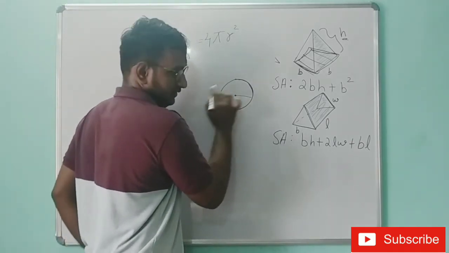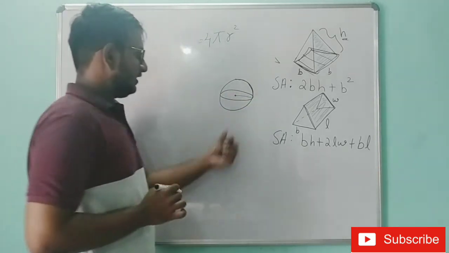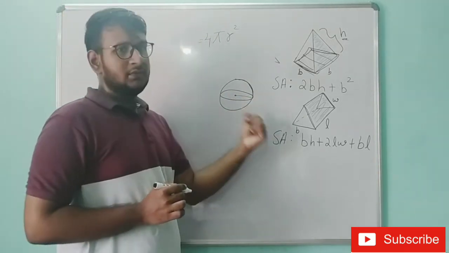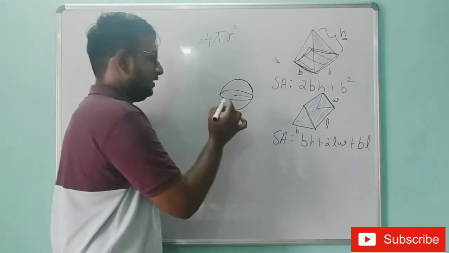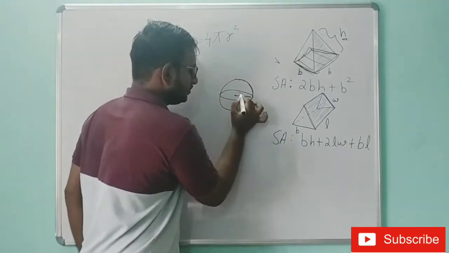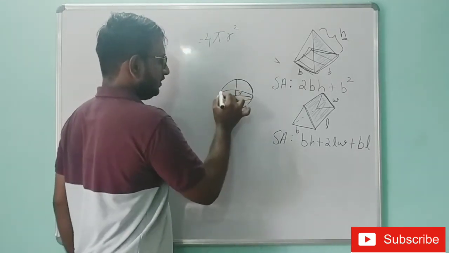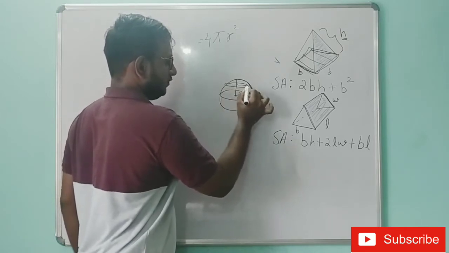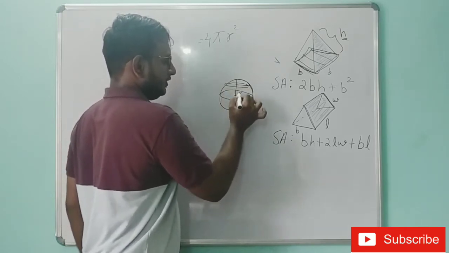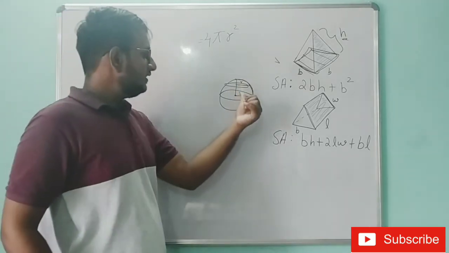In the sphere, if we take the radius of the maximum circle, which is the center portion, the radius of this portion will be r. This radius will reduce when we find the radius of a circle over here; this radius will be comparatively lesser than this radius.